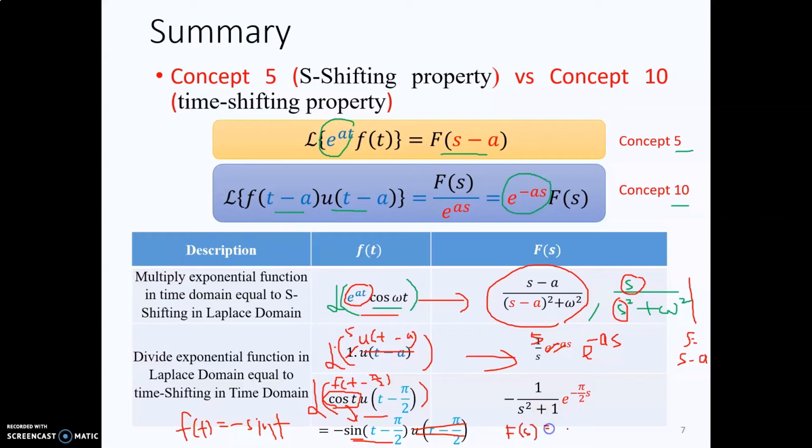Your F(s) is equal to negative 1 over s squared plus 1. So this term is your F(s). And then due to the unit step function here, t minus π/2, you know that your a is equal to π/2. Therefore, you can substitute inside the formula. So substitute π/2 here, and you obtain exponential negative π/2 s.